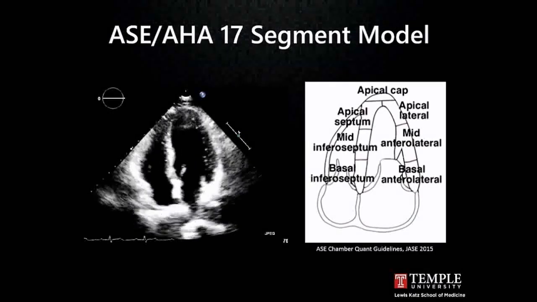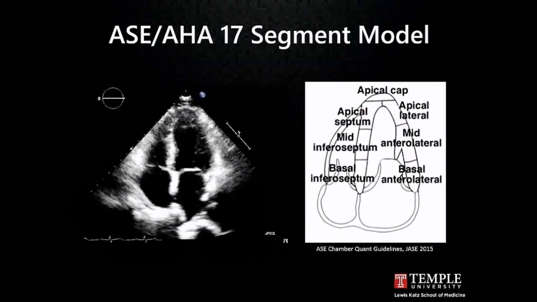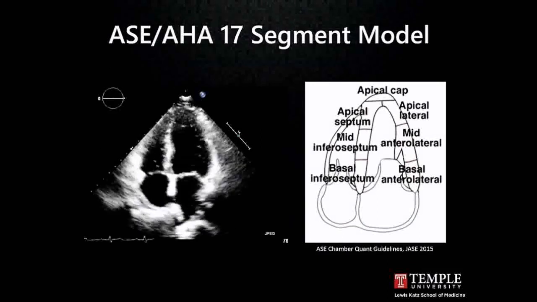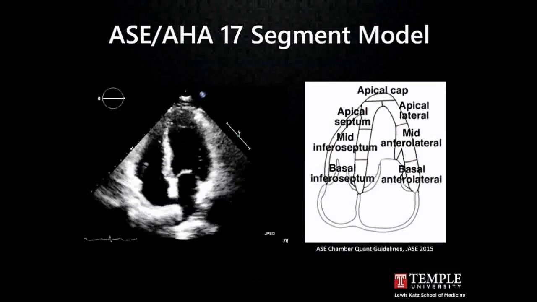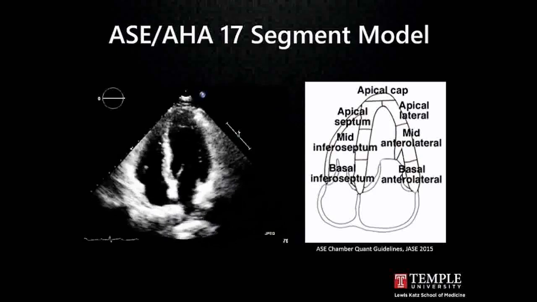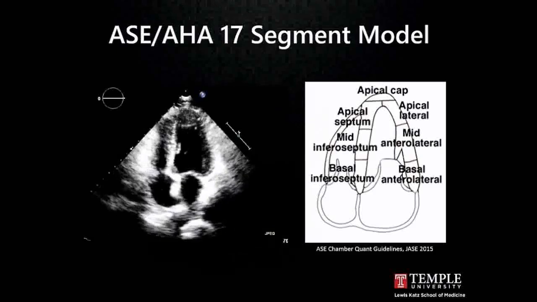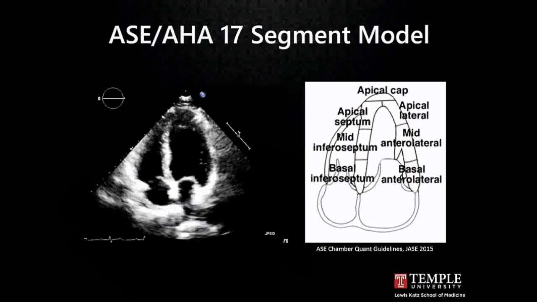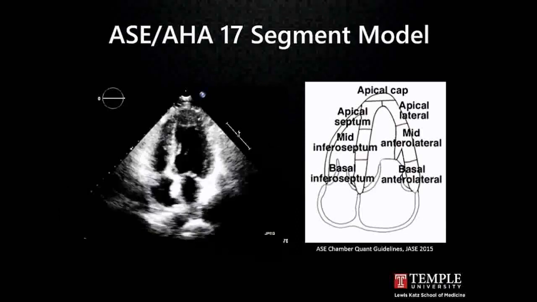And of course, there are the standard 17-segment labels for myocardial segments in the four-chamber that are appropriate. And it's not beyond the scope of the exam to point with arrows to identify myocardial segments, because this is the universal language that we communicate with.